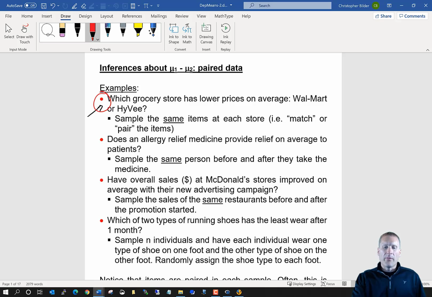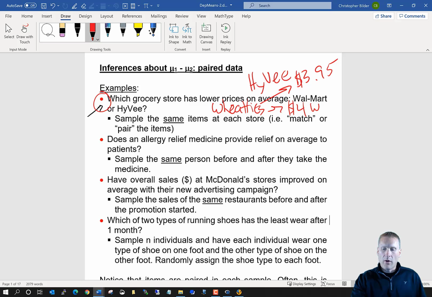So for example, let's say you go to Walmart and you get a box of Wheaties, and maybe it's $4. And then you go to Hy-Vee and you get the exact same type of item, again Wheaties, and it is $3.95.